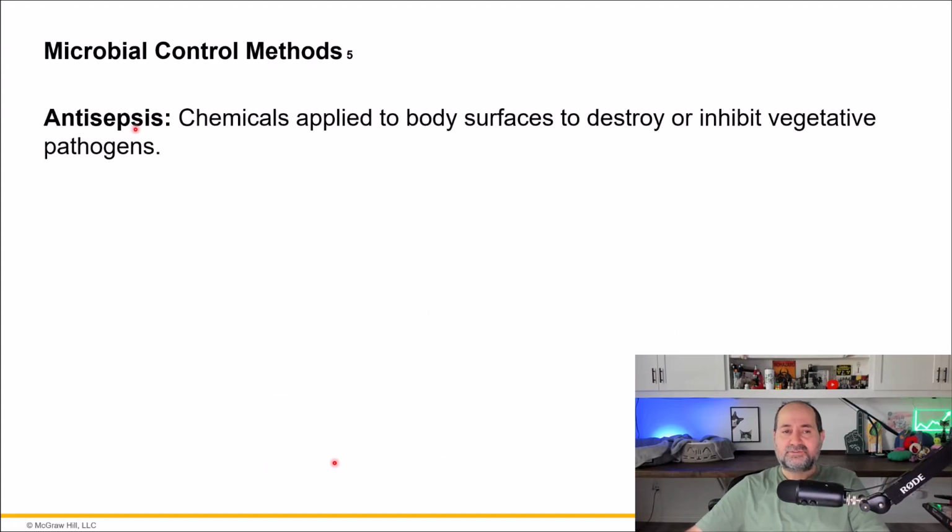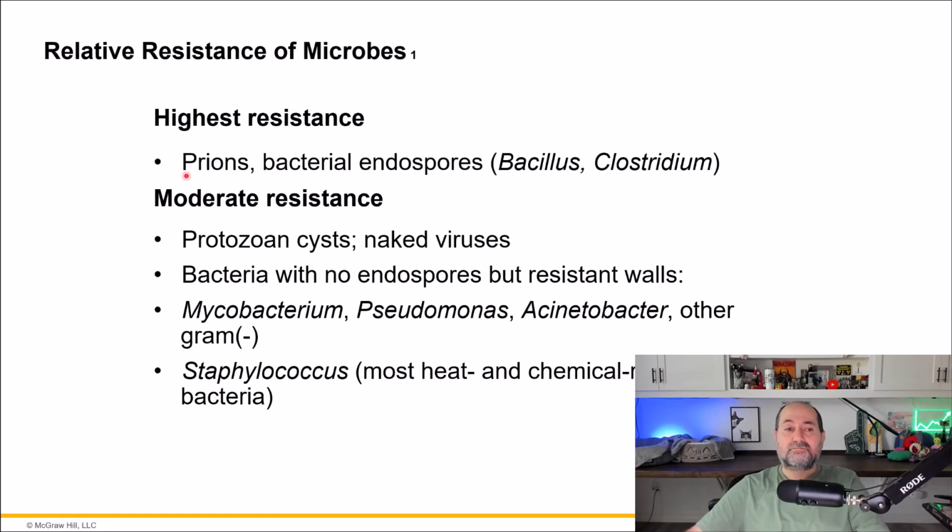Remember that antisepsis is when chemicals are applied to body surfaces and tissues to destroy or inhibit vegetative pathogens. Germs with the highest resistance are prions as well as bacterial endospores.